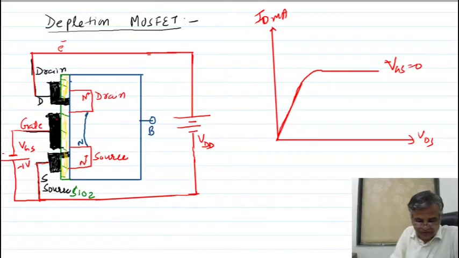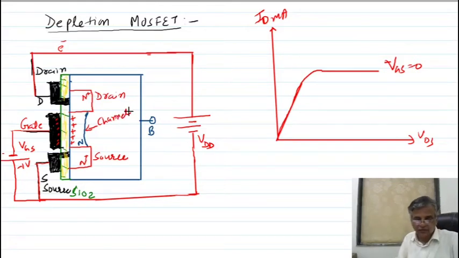Here is negative voltage on one plate of the capacitor. This is a capacitor. So one plate is negative, and on another plate positive charge is induced in the channel. This is called the channel. As a result, the width of the channel decreases.